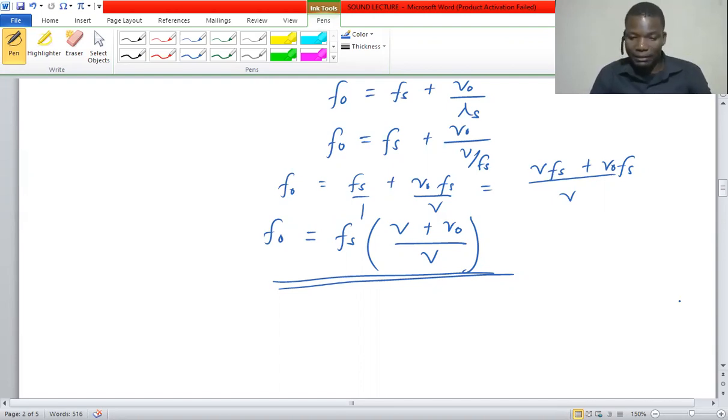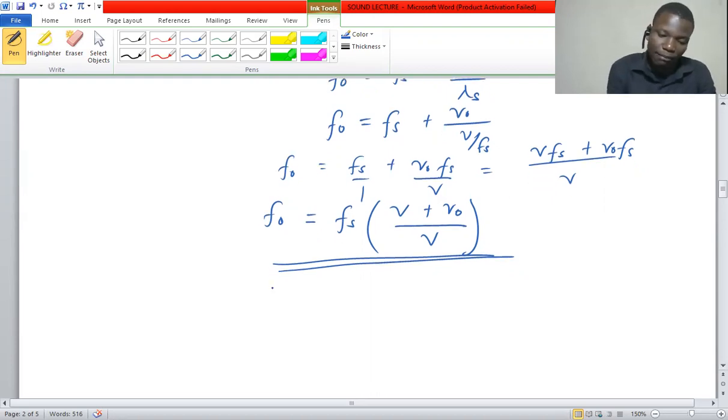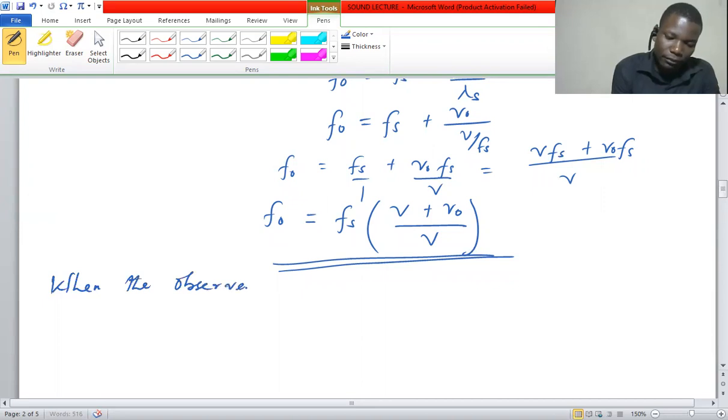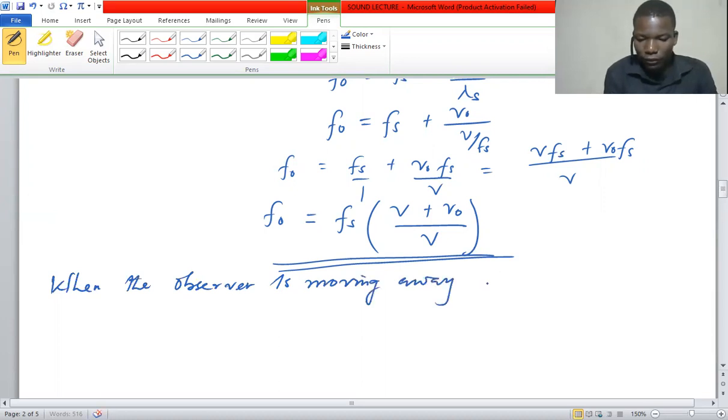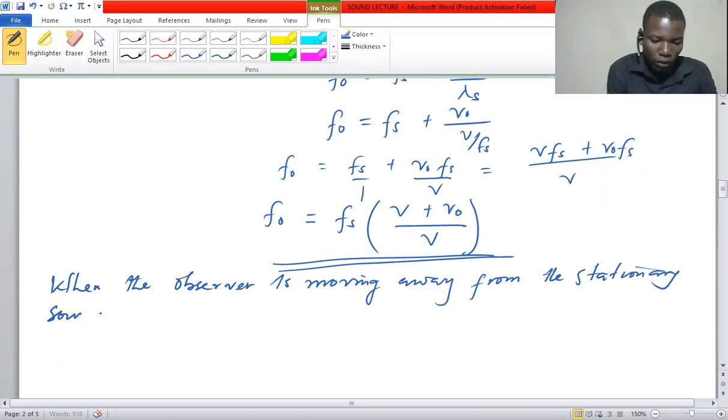You use the same steps that we've used. So when the observer is moving away from the stationary source, you're just going to have a negative of the velocity of the observer.